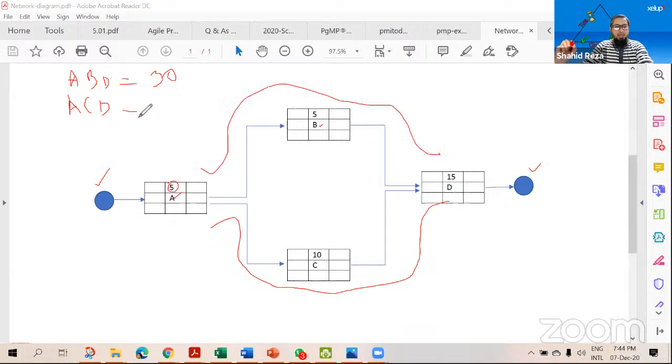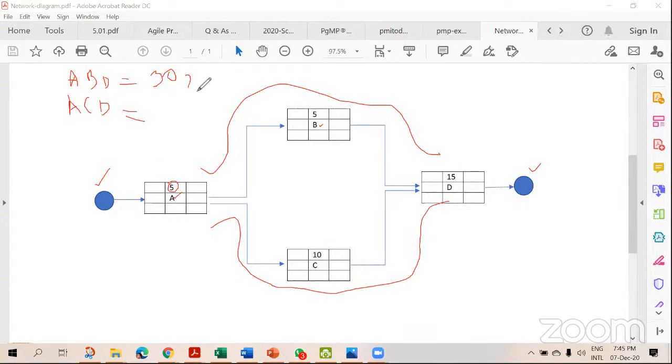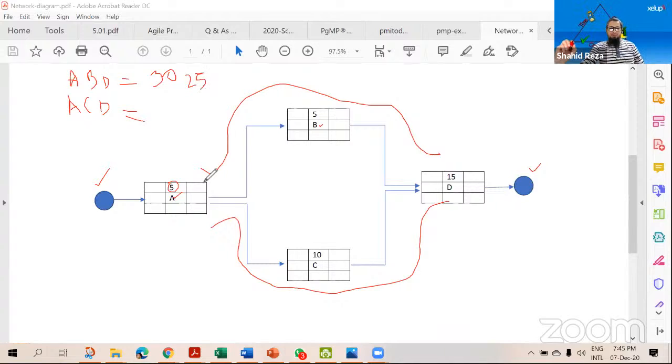And the length of the second path, if we add A, C, and D, we get 5, 10, 15. I did it wrong most probably. Sir, the upper one will be 25, right? Upper one is 25: 5, 5, 10, and 15, 25.